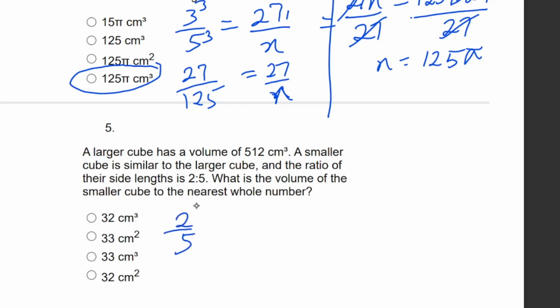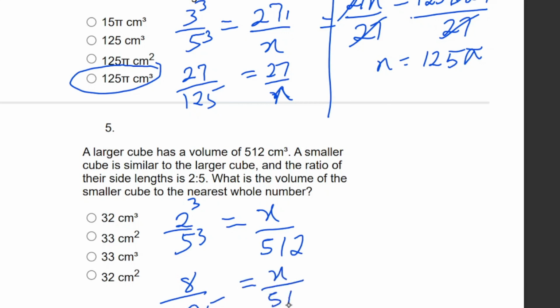The cubic volume ratio must be equal to the volumes. What's the volume of the smaller one? We don't know it, so we have x over 512. So this will give us 8 over 125 equals x over 512.